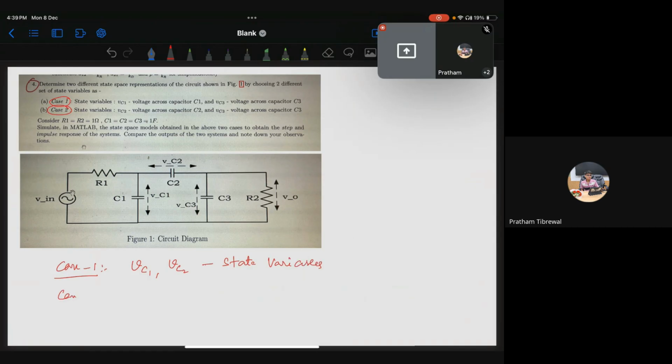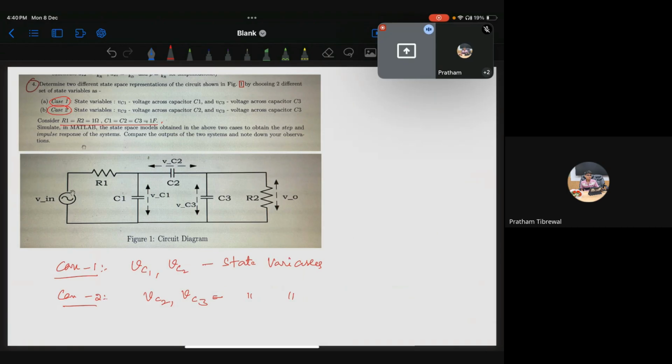In case 2, we have to take VC2 comma VC3 as state variables. Take all these values as ones. Then you have to find differential equations. You have to write the state space equations in both the cases. You can apply either KVL equations or KCL equations. Then you have to do some simplifications finally.